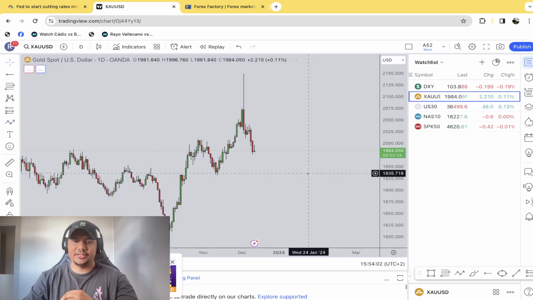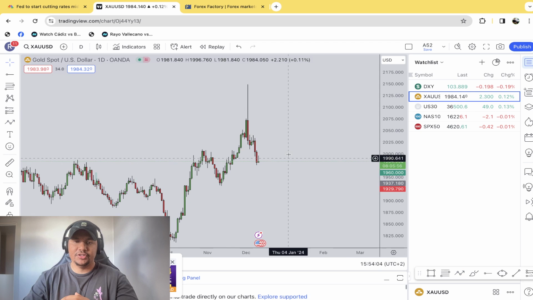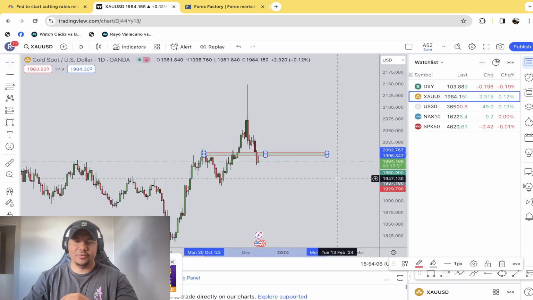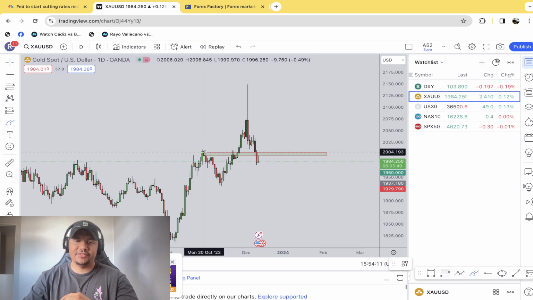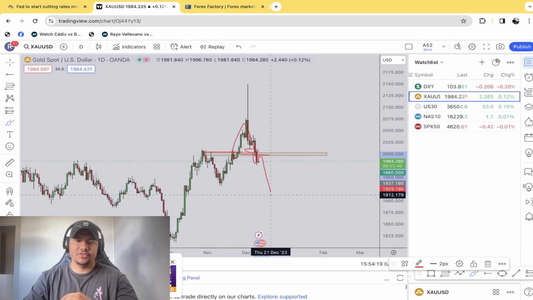If we go over to look at gold, we can see gold continue to rally to the downside, but we can also see that gold broke below a very important structure level that previously acted as support. It broke above that, came back, and tested it as resistance. The resistance didn't hold, the market came back and tested it as support, broke below support, and all of that support has now once again turned resistance.